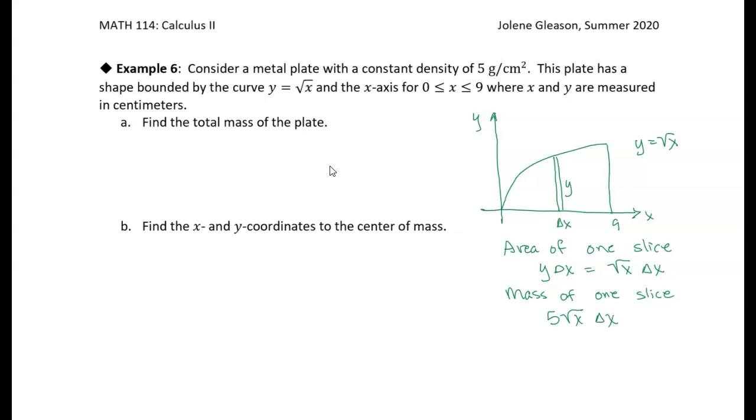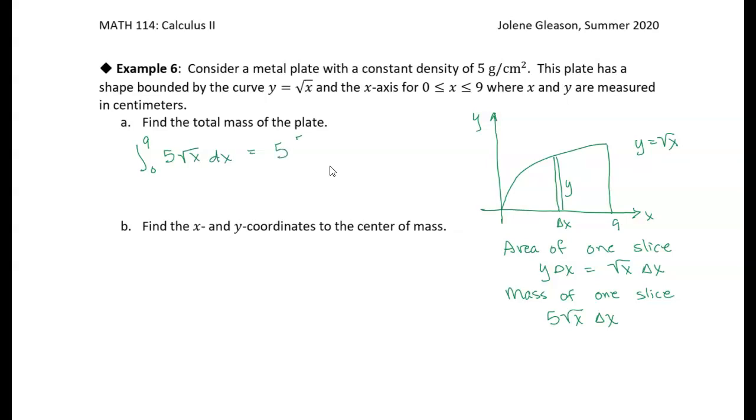And if we want to find the total mass of this plate, we're just going to integrate from 0 to 9. So we're integrating in the x direction. We're integrating the masses of all the slices, essentially adding up all these slices and letting the number of slices go to infinity. So this delta x becomes dx. We're going to get the integral of 5 square root of x dx. That's our integral. So that's pretty easy.